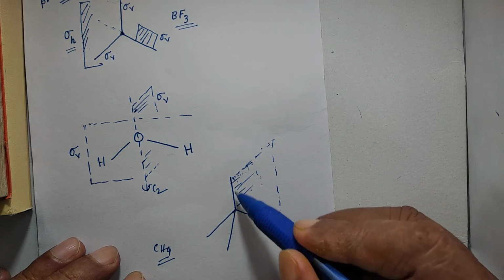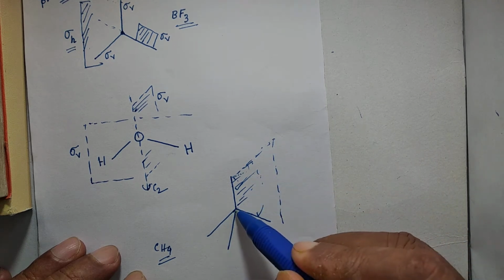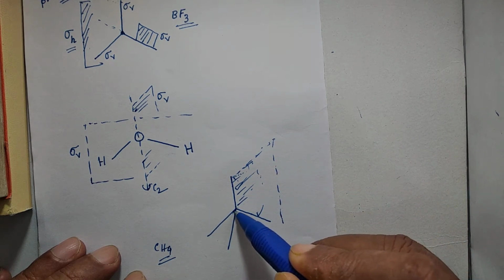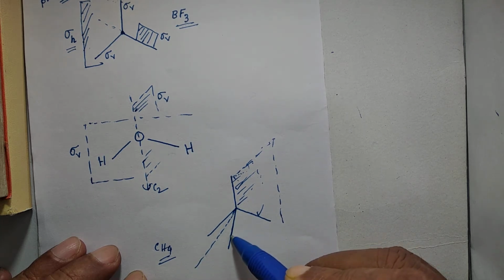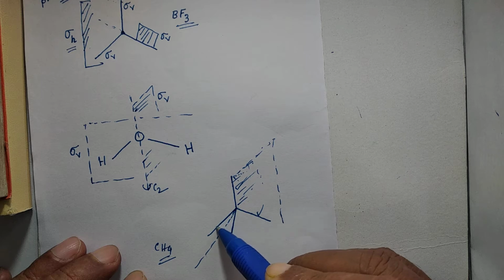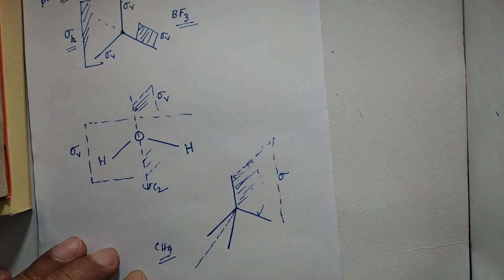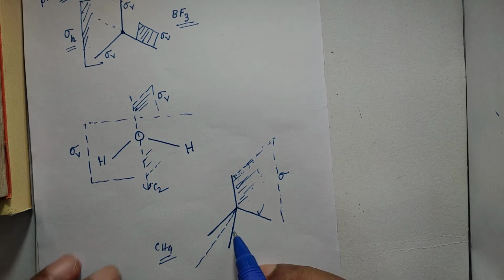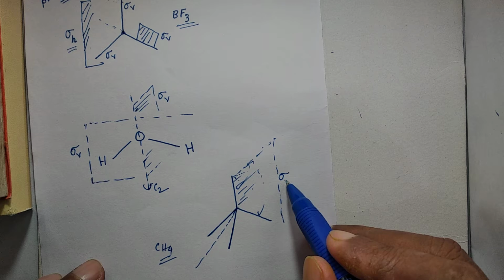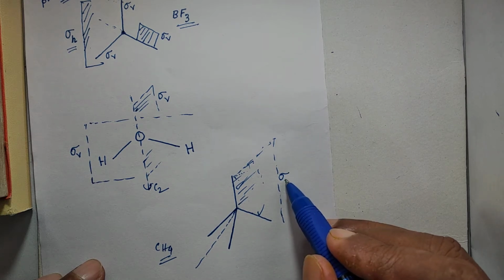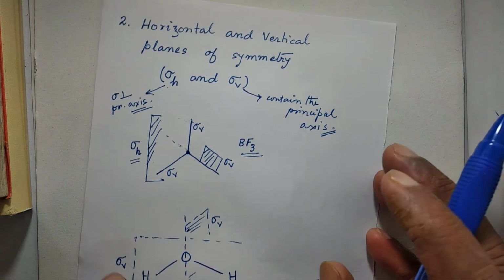It will contain these two bonds, and if you extend the plane, it will cut the molecule into two equal halves. One bond will be on this side and the other bond will be on that side. So this is a plane of symmetry. But since there is no principal axis, this is neither sigma H nor sigma V. No subscript is needed here. It is simply a sigma plane of symmetry.